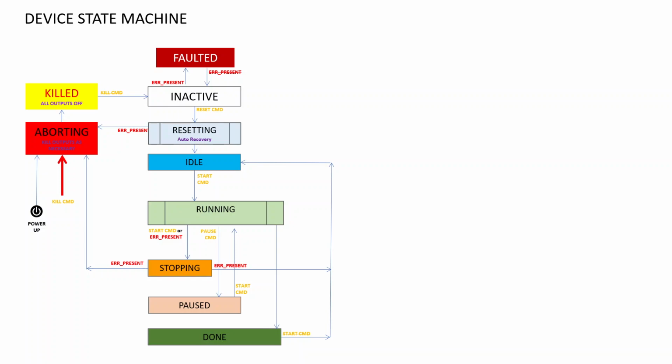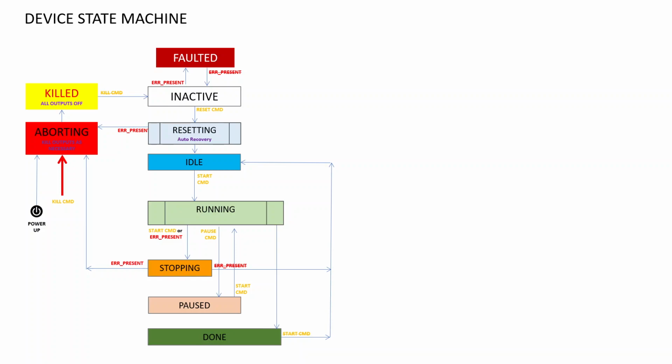So I think the best way to describe the states is I'm just going to walk you through a typical state machine for a device. All of the devices follow this actual state machine. So the state transitions are all consistent between any of the states that employ this device state machine.